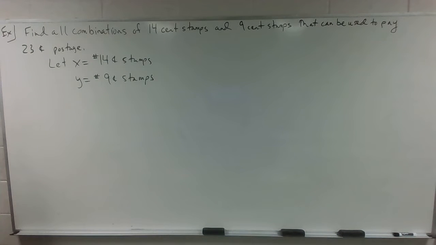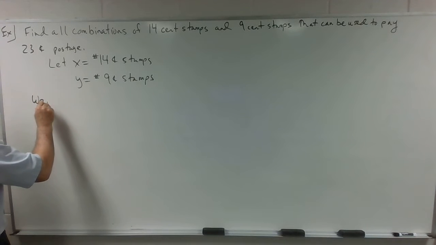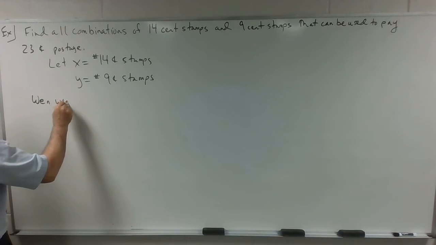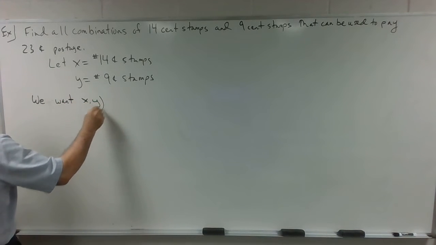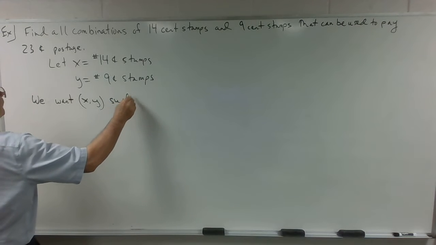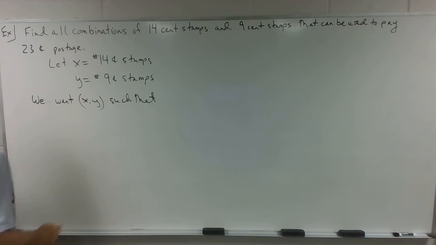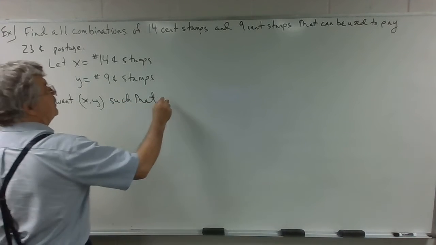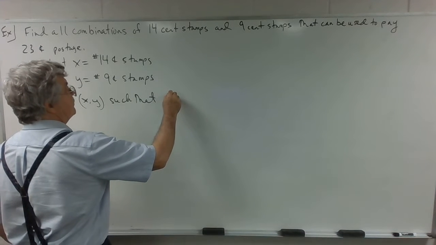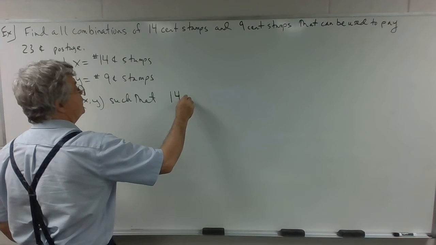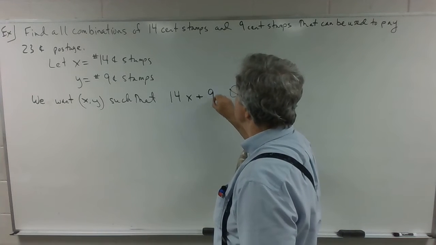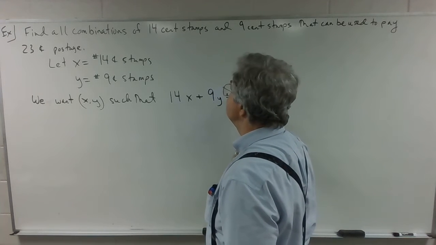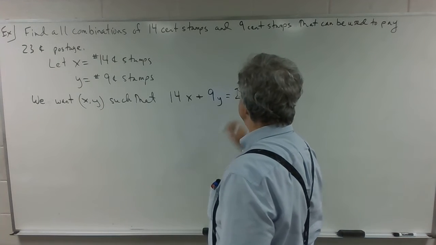And so what we want are x and y such that 14 cents times x plus 9 cents times y is equal to 23 cents.